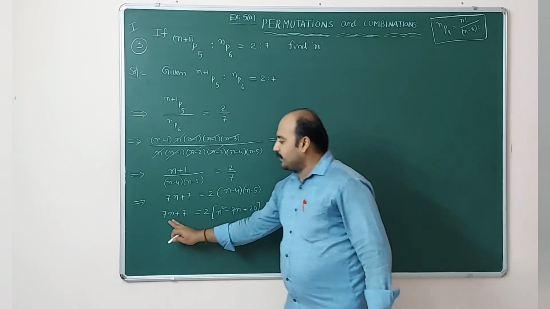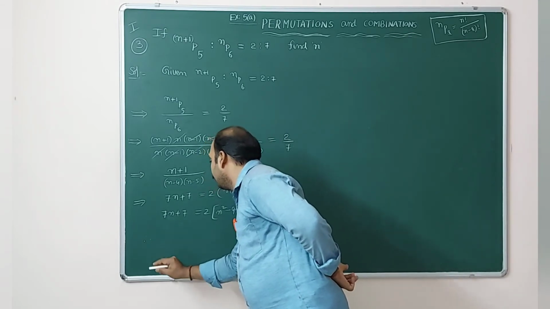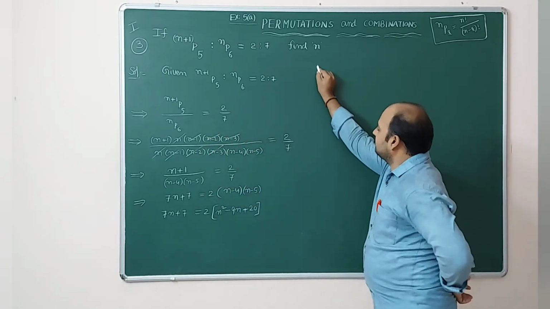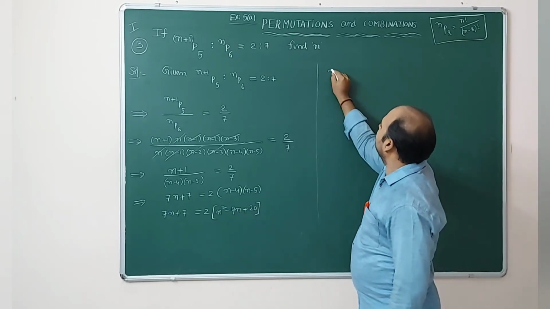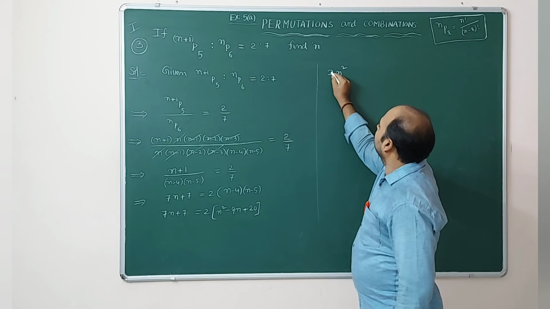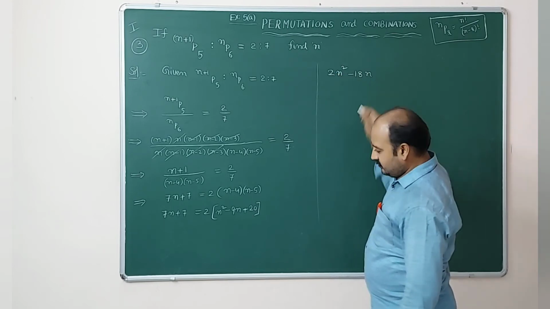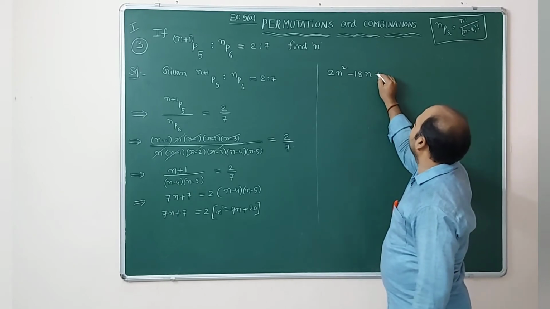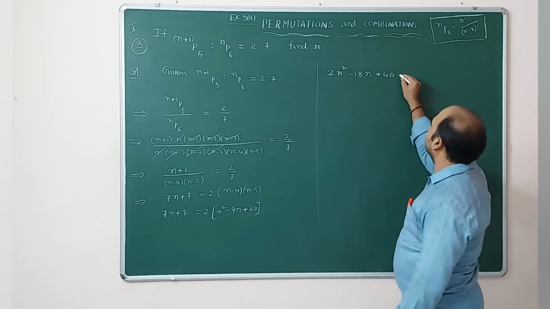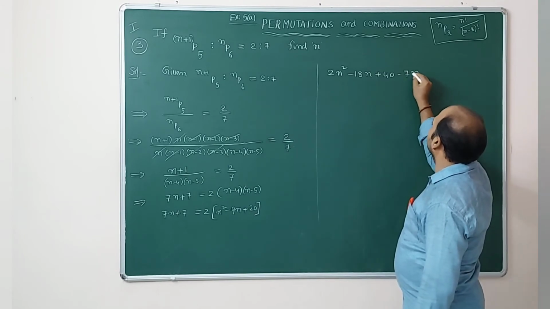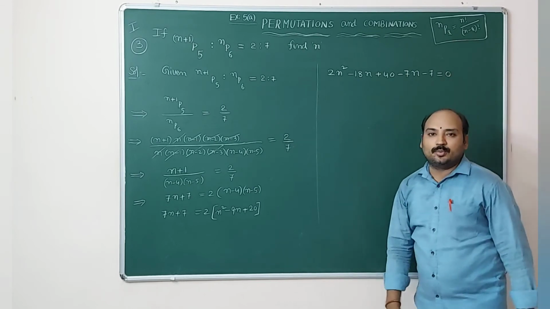So, 7n + 7 we can take to this side. Therefore, we can write like this. First, these side values I am writing, 2n square minus 18n plus 40, and 7n + 7 I am taking this side, minus 7n minus 7 is equal to 0.